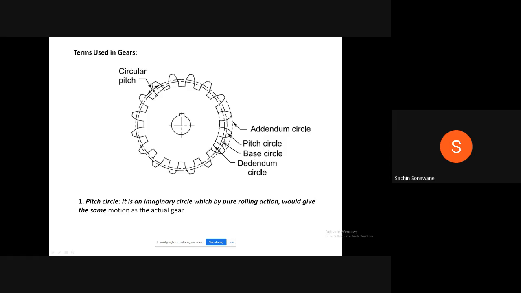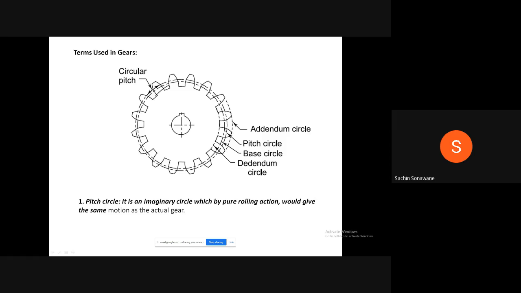Base circle is in between dedendum circle and pitch circle. Therefore, what is its definition? Base circle is the circle from which the involute profile or profile of the gear tooth is generated. Means the starting point of the profile of the gear tooth is nothing but base circle and it ends up to addendum circle.